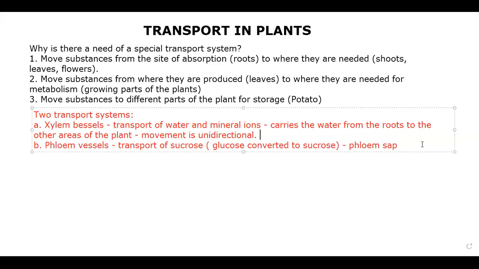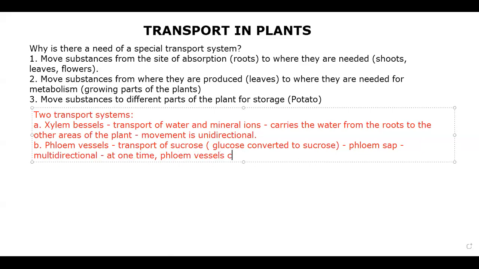When we talk about our phloem system, it is multidirectional. What I mean by multidirectional is that at one time, phloem vessels can transport sucrose in different directions.